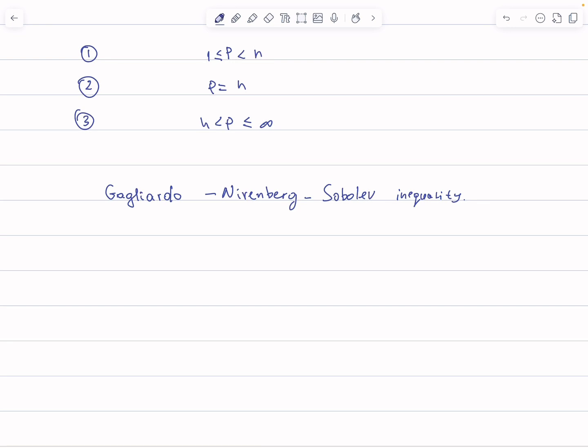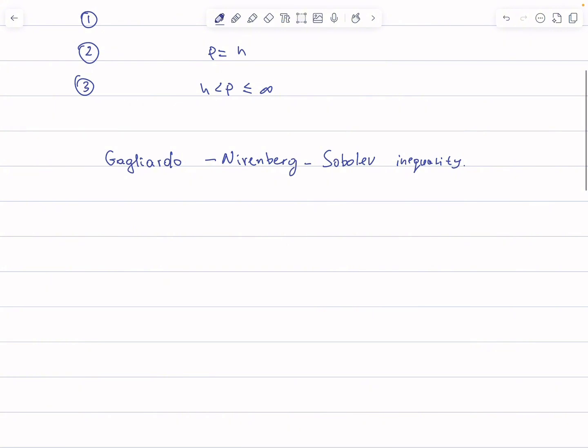Before starting proving and talking about this theorem, let's start with some motivation. Our p is greater or equal to 1 and less than n.